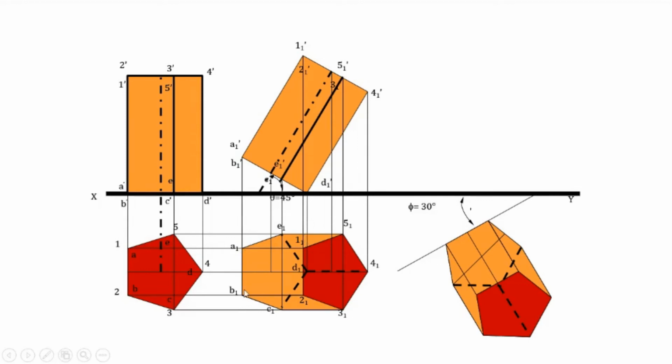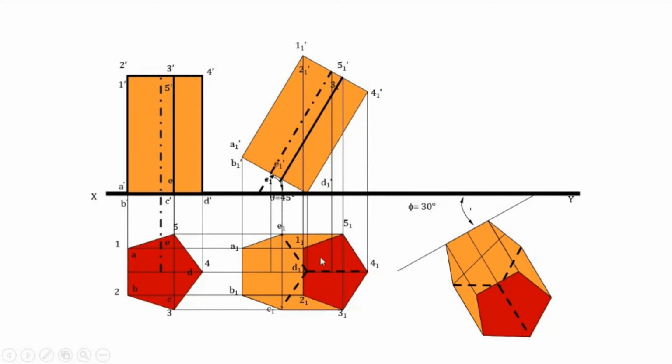Once you obtain these two points, A1 and B1, you can measure the B1 to D1 distance. You can use your compass to take the B1 to D1 distance as well as the A1 to D1 distance, and draw two arcs, one from this point and the other from this point. The point of intersection of those two arcs will be point D1.